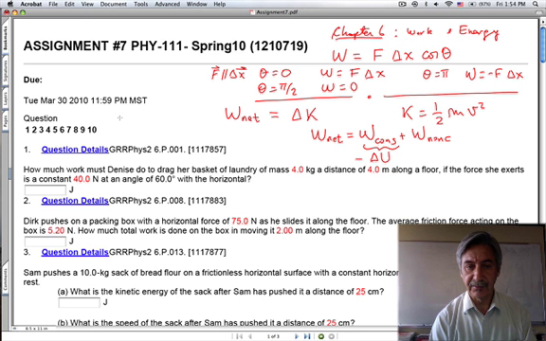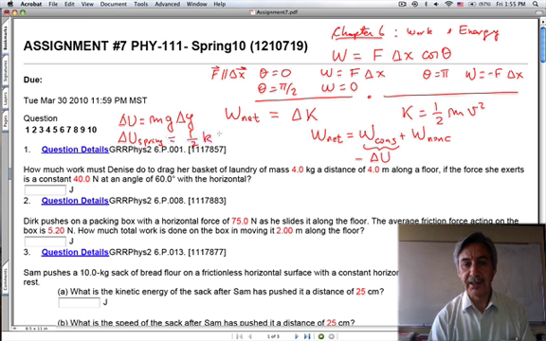In the case of gravity, the change in potential energy has to do with the change in the height. And in the case of the springs, the change in potential energy has to do with the change in the extension or compression of the spring.